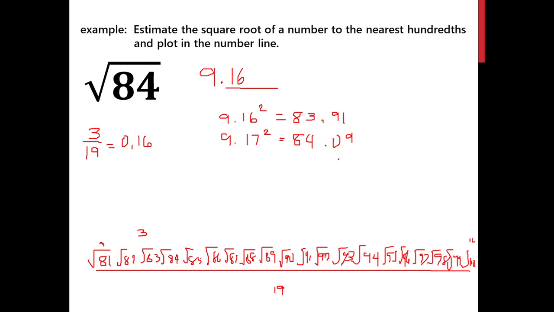Obviously, this one has an equal distance, because this is 9 units away from 84, and this one is also 9 units away from 84. So I'll go with 9.16 as my best answer, because from here, it is already two decimal places. So this one is the correct answer.